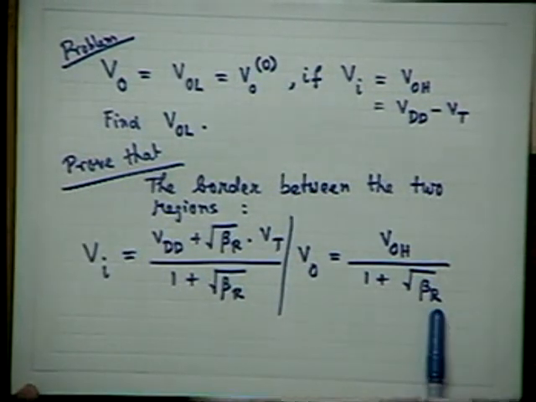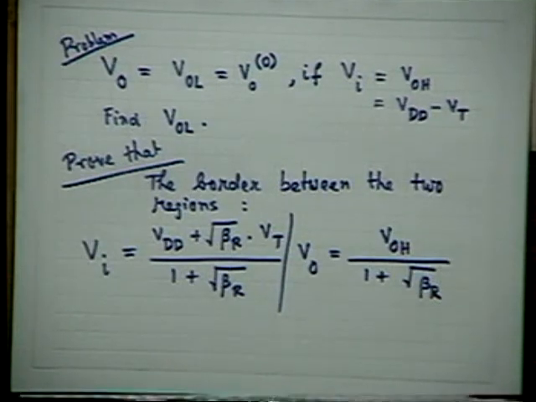So by adjusting beta R, we can make a proper design of the MOS inverter so that the noise margins for the low state and high state are maximized and both of them have a very close value.